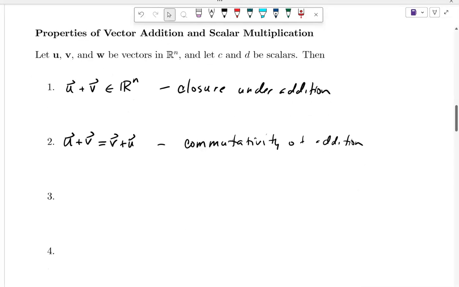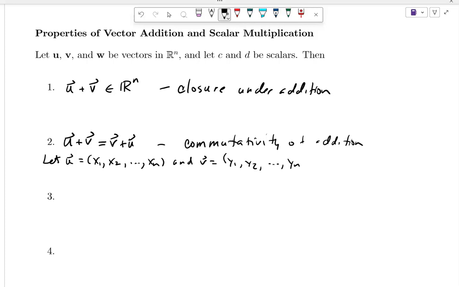One of the things that we'll want to do for abstract vector spaces in the next section is prove these properties are actually satisfied. In this case, this one's not too bad to prove. I want to start with u plus v and end with v plus u. I don't know why I keep saying w.